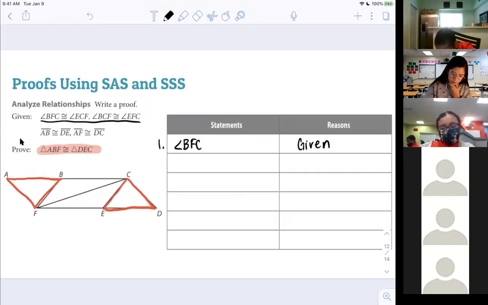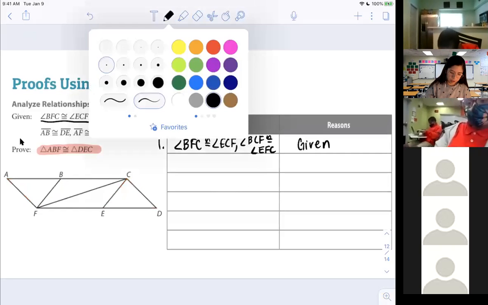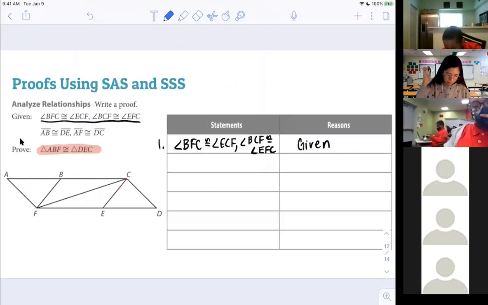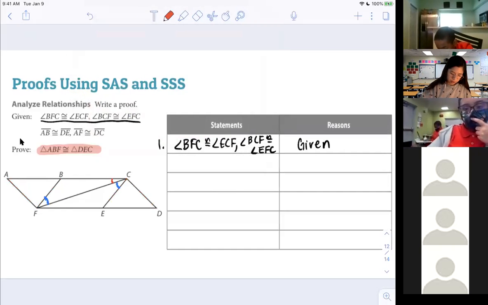Before I continue, I'm going to highlight those statements in my diagram so that I can visualize it. So I have BFC, this one right here, is congruent to ECF, which is this one right here. And then I know BCF, which is this one right there, is congruent to EFC, which is over here.